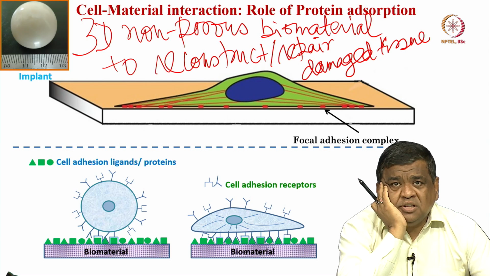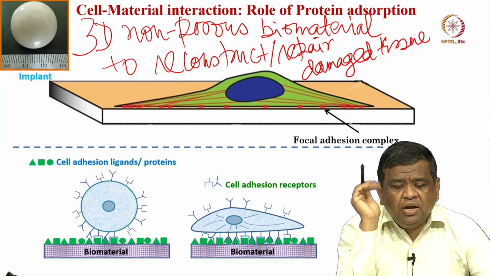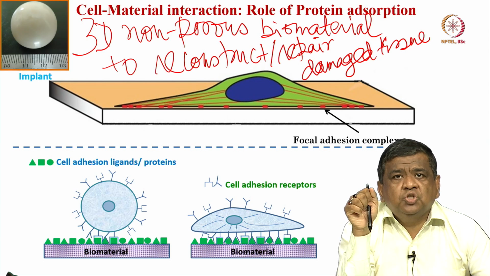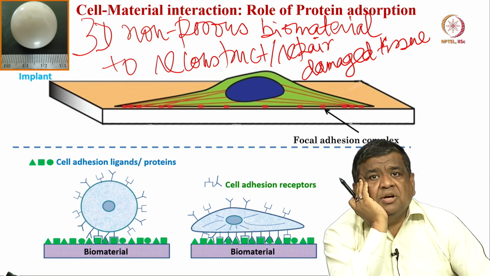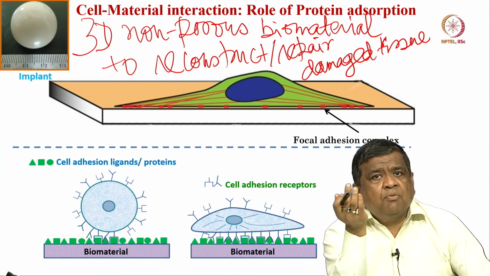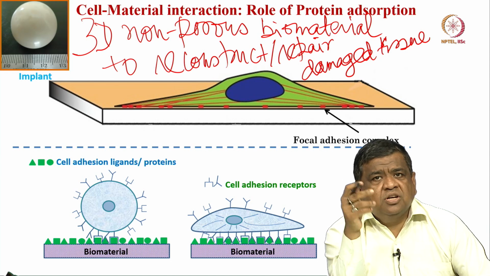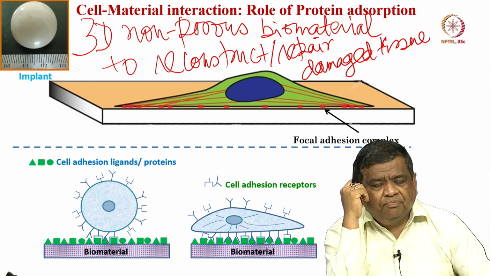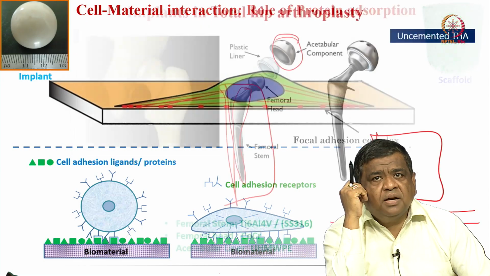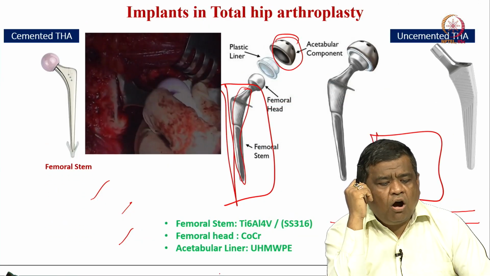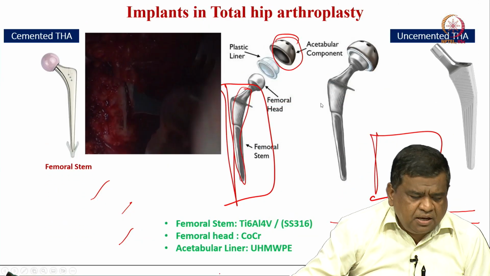What was the purpose of the implant in the human body? To reconstruct or repair damaged tissues, for example, if a certain hip bone is damaged. So, you need some component of the hip bone to be replaced, then you would use the implant. This can be better substantiated by this particular example of total hip arthroplasty.